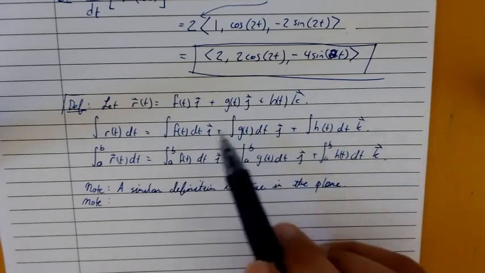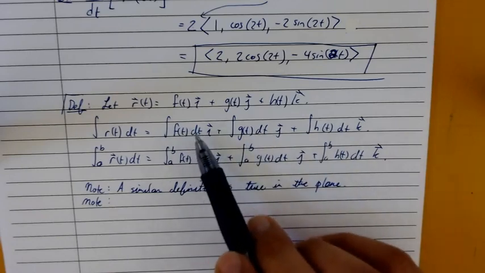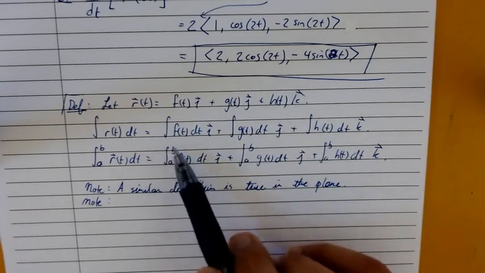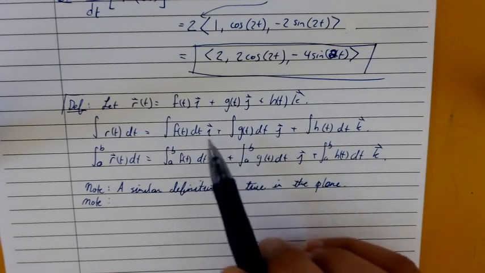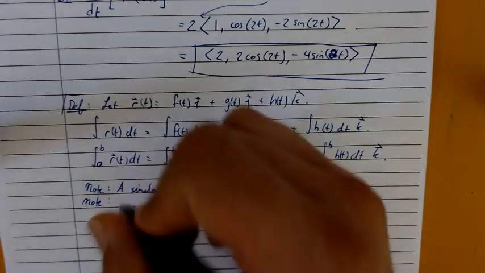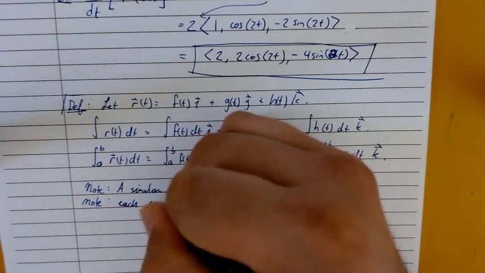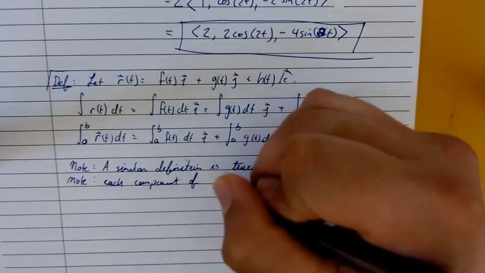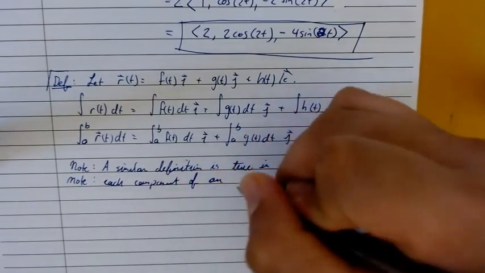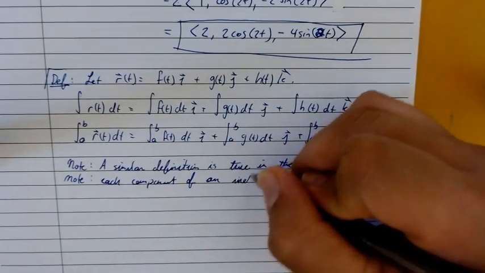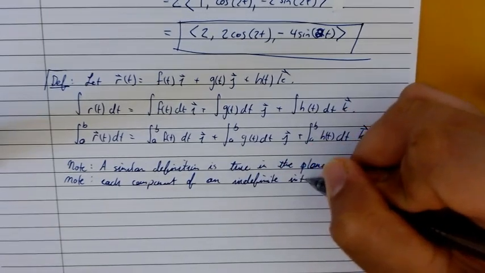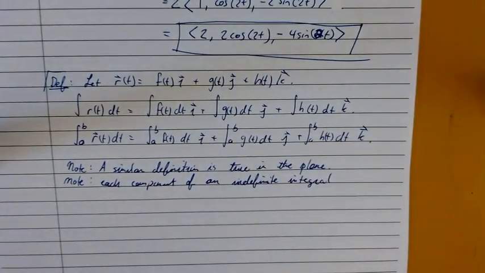Those c's are not just individual constants overall, they're constant components of a vector, which means that over here when we have our plus c, that extra c will not be just a number, it'll be a vector on its own. So here, note each component of an indefinite integral contributes a different constant of integration.